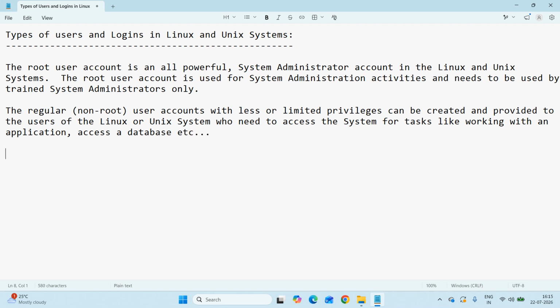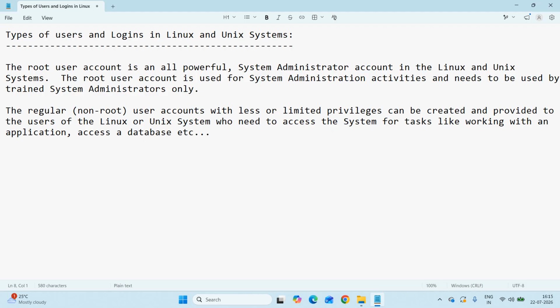Okay, so that's the purpose of the regular user accounts or the non-root user accounts, that will provide limited privileges to the application users or database users, so that they will get the required privileges only for accessing the application or accessing the database and so on.